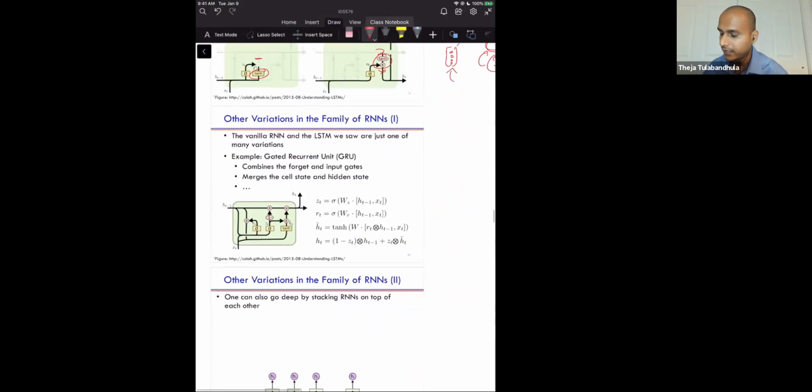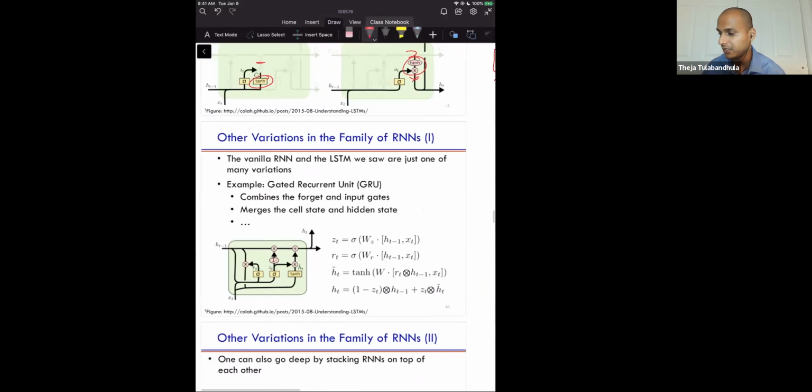So let's talk very quickly, though I'm not going to discuss it too much here, about another RNN block called the gated recurrent unit. You might or might not have heard of it; it's called GRU. For example, there was a paper a couple of years ago on sequence modeling.